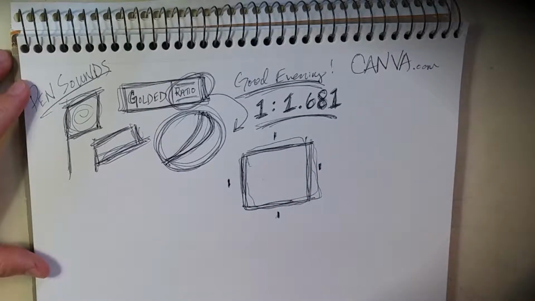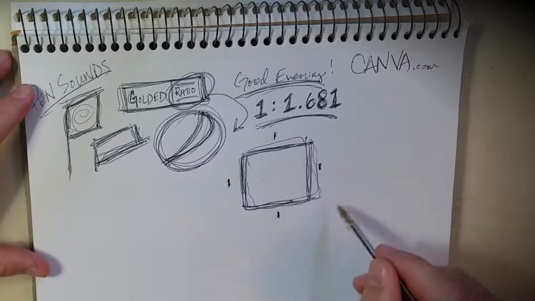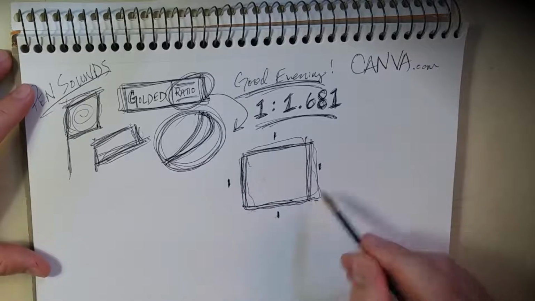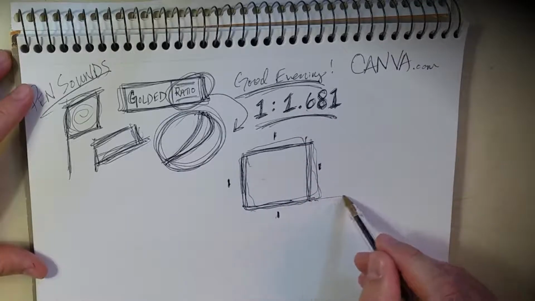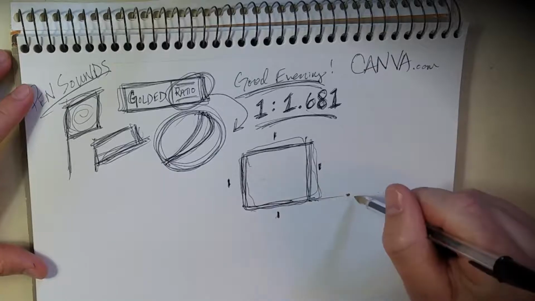Let's see what the website here says. This was an interesting little fact. If you take this 1 and add the 0.681 to it, so if that's like another 1.6 would be just over halfway.